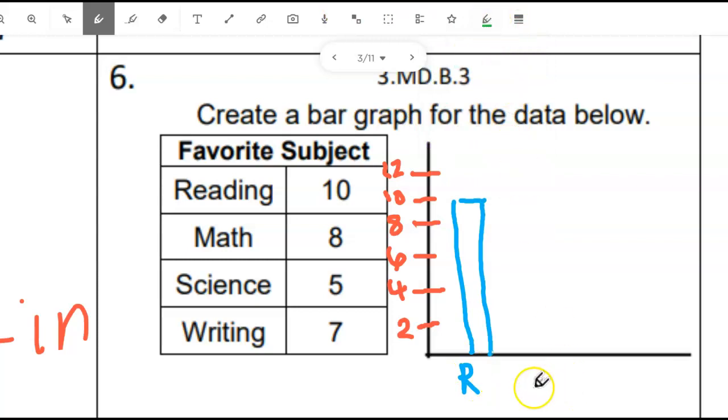Now grab a green and write an M. How many students' favorite subject is math? 8. So we're going to find 8, draw a line, and finish our bar so it matches with the M. So we can see just by looking at the bar diagram that reading has more students that like it than math.